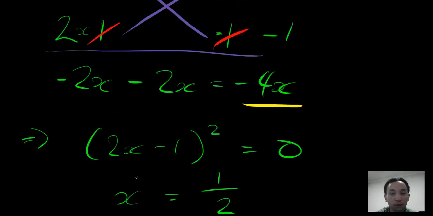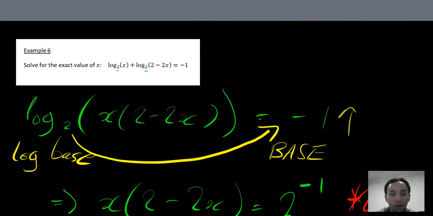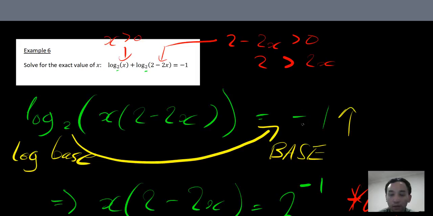Okay, let's just double check if half works. So let's go back up to our logarithm. So look at the criteria. The first bracket, x just has to be greater than 0, so this is okay. And this one over here, 2 minus 2x has to be greater than 0, this is actually implying 2 must be greater than 2x, or x must be less than 1.